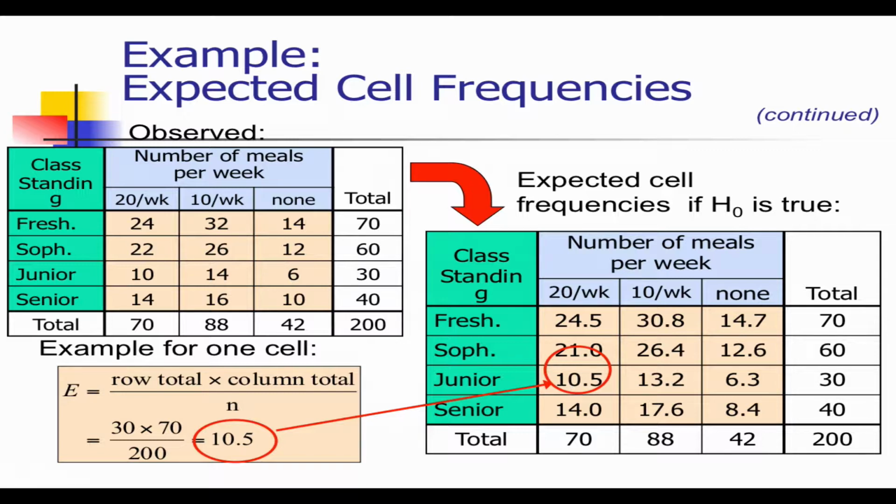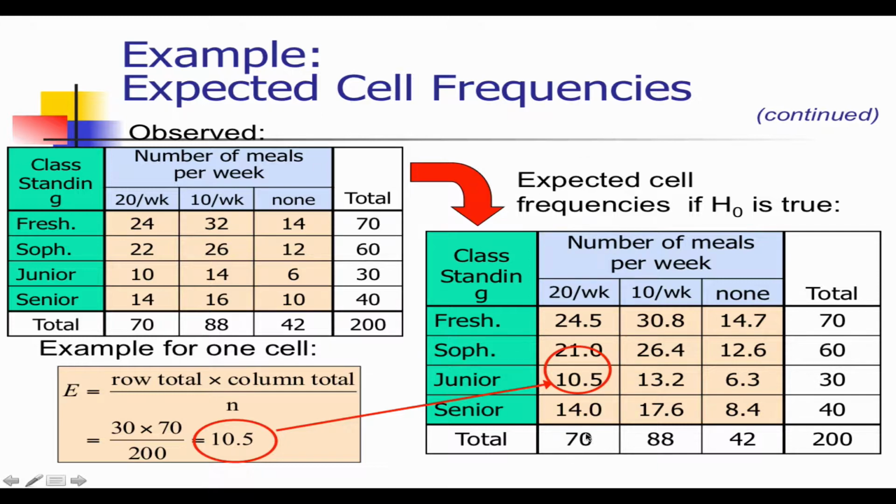What is the underlying reason for doing that? It's the same as what we did before. Under the null hypothesis that the rows and columns are independent, whether you are a freshman, sophomore, junior or senior, you should have the same proportion choosing this column.